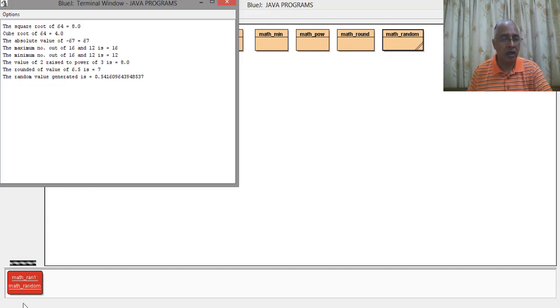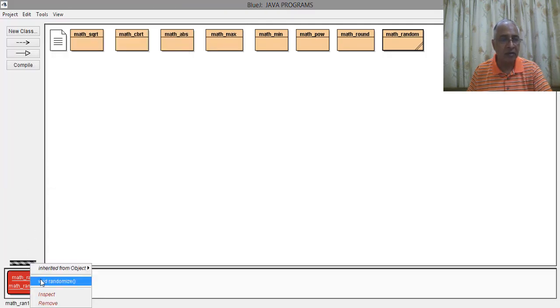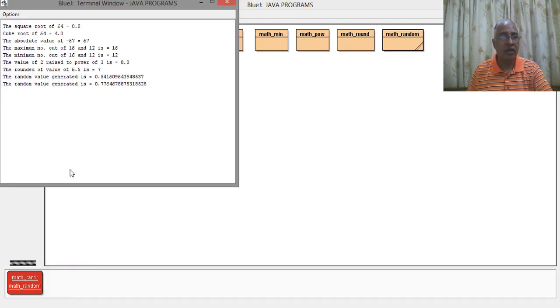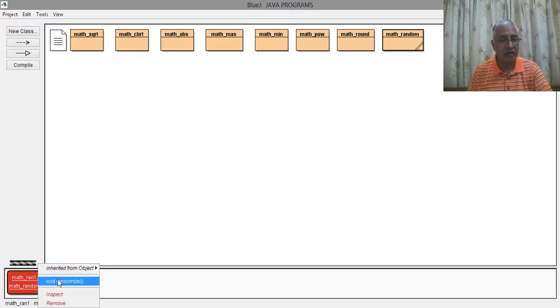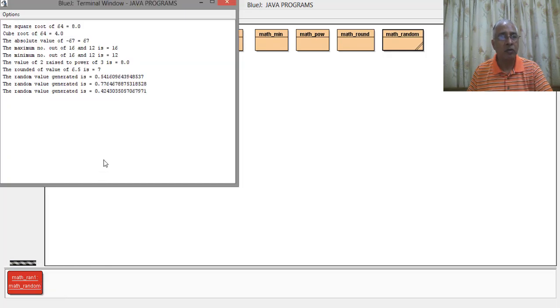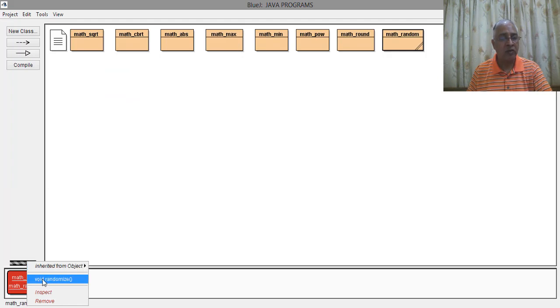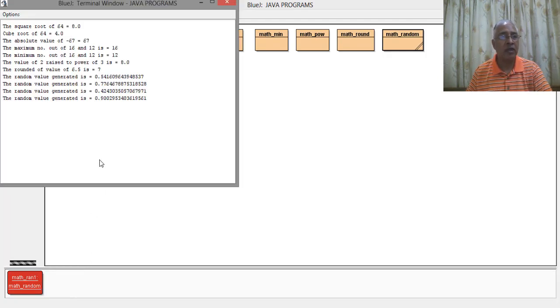Again, if you run this function, you see another value is generated, that is 0.776467, like this. Again, if you run this function, you get another value. As many times as you run, you will get different answers. You see again 0.900. So these types of values are taken for lucky draws and lottery systems.